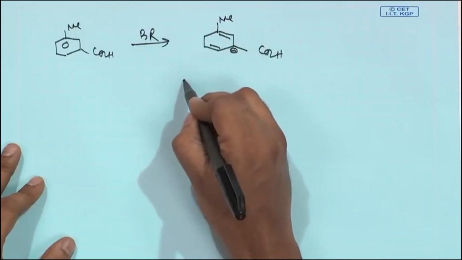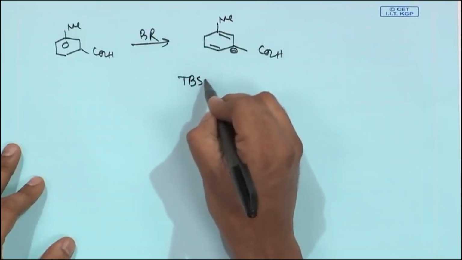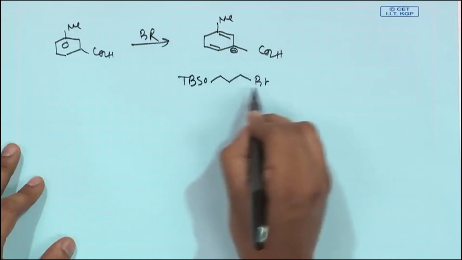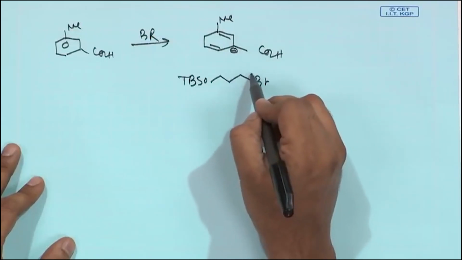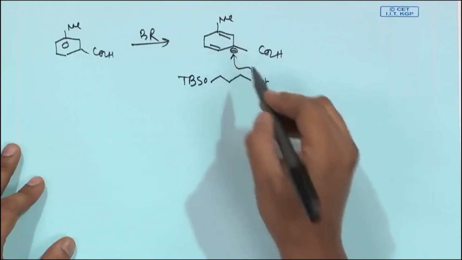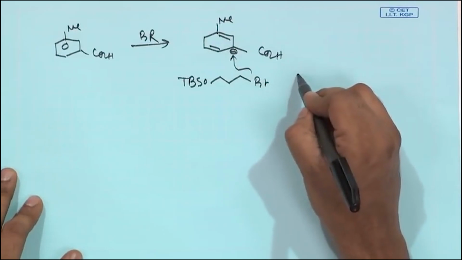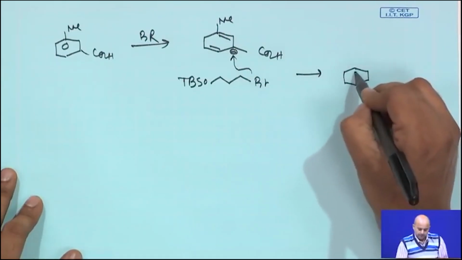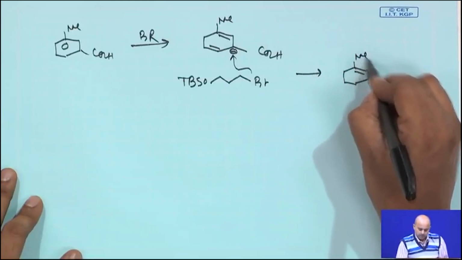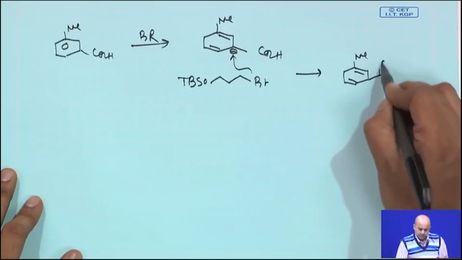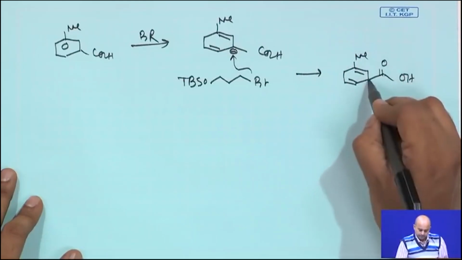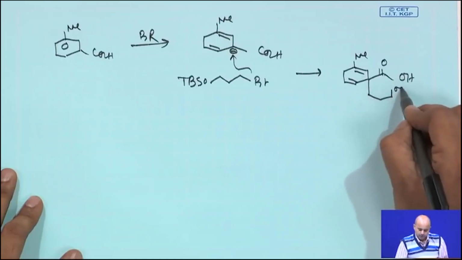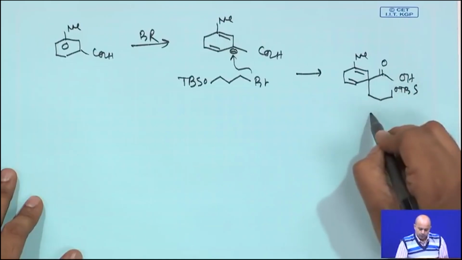We are using an alcohol protected electrophile, and you will use this electrophile to trap this carbanion to get the compound CH2, CH2, CH2, OTBS.